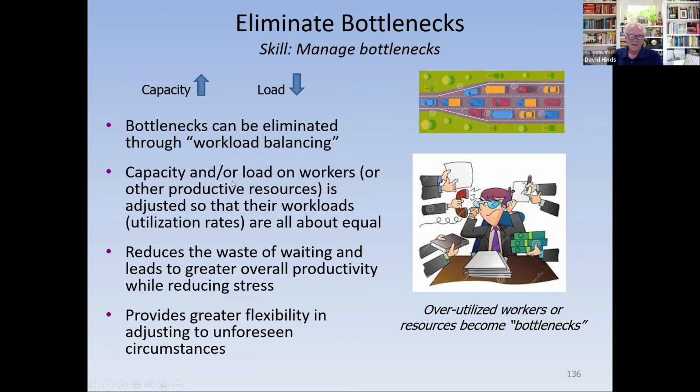And when you eliminate a bottleneck, obviously you have all this waiting that can be reduced, a lot more productivity, less stress, and actually it's more flexible because when you have a good balance among all your people, you're not so dependent on one. And if something unusual happens, people are ready to adjust, as opposed to when there's a bottleneck, you're just not ready to handle even more difficult situations.